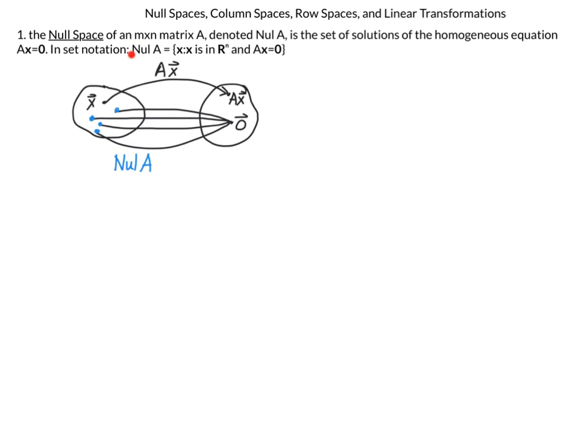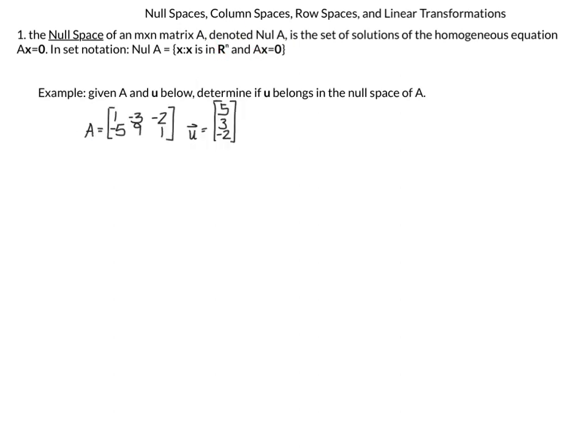So in set notation, the null of A is equal to the vectors X such that X is in Rn and AX equals 0.